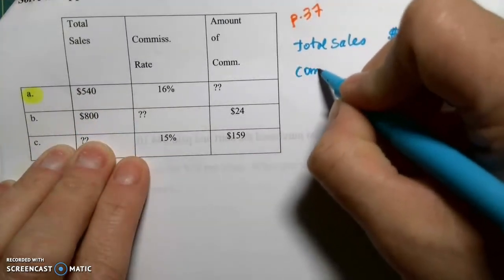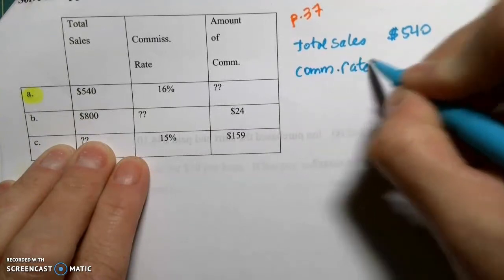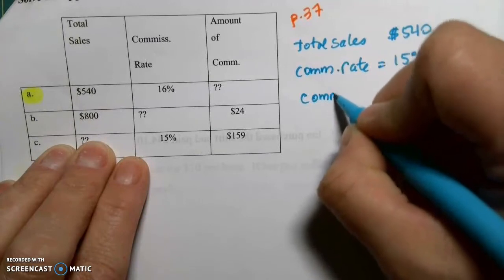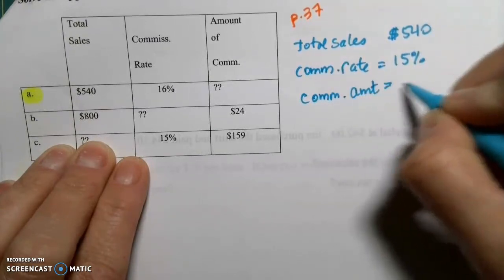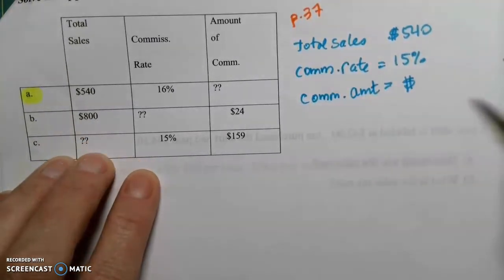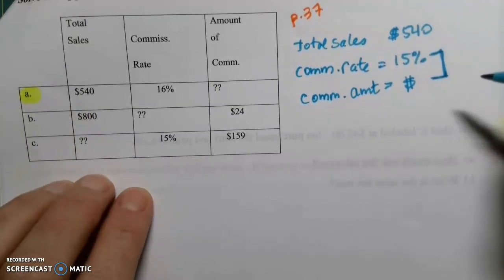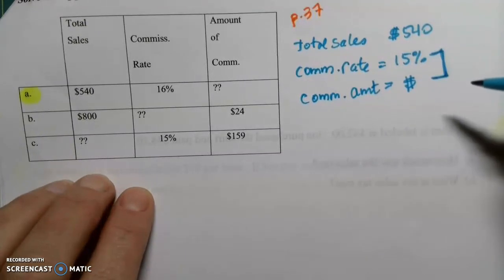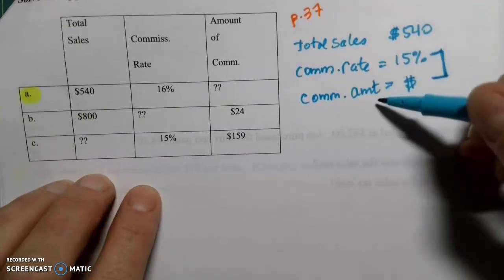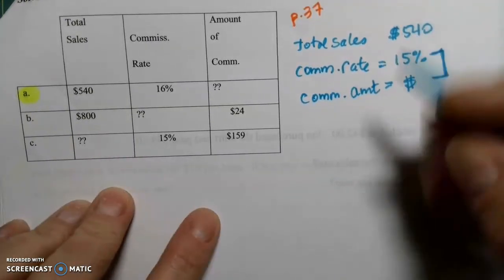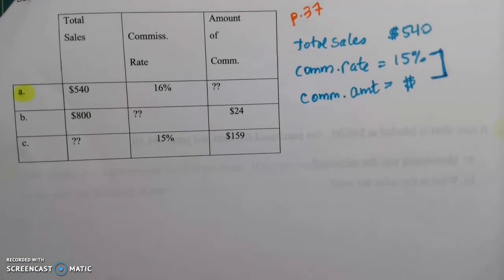The commission rate is 15%, and we want the commission amount, which means we are going to want dollars that represent that 15% of the total sales. So we have an amount, we have a rate, and we have a base. So we can pretty much translate this one. We can lay this one out and plug those values in there directly.